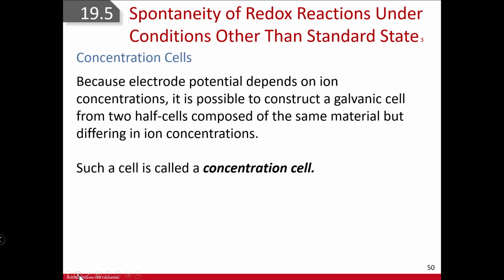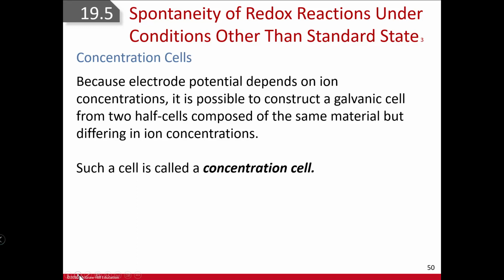All right, so spontaneity of redox reactions under conditions other than standard state. Concentration cells. Because electropotential depends on ion concentrations, it is possible to construct a galvanic cell from 2 half cells composed of the same material but different ion concentrations. Maybe you've seen this before.